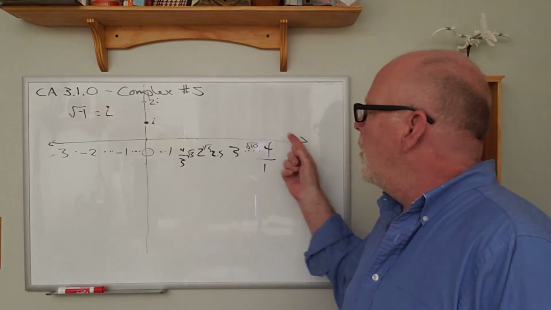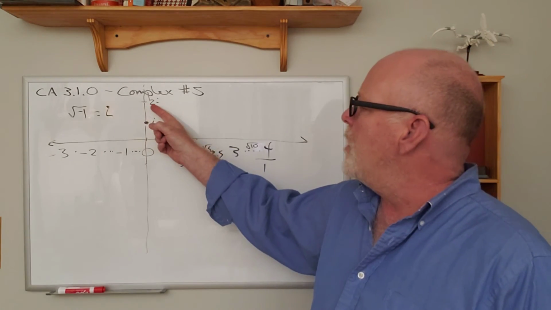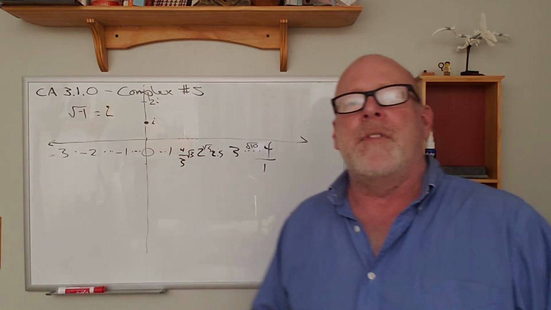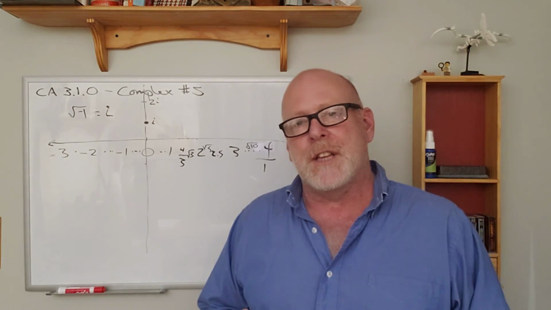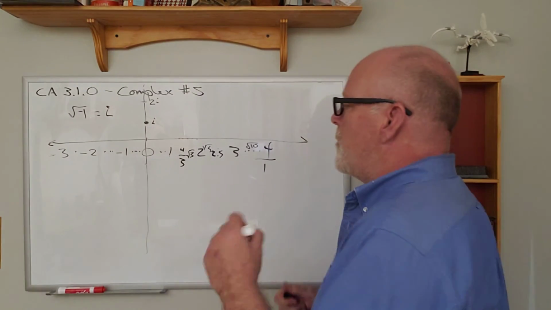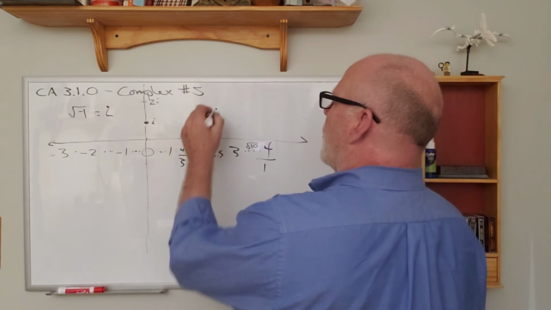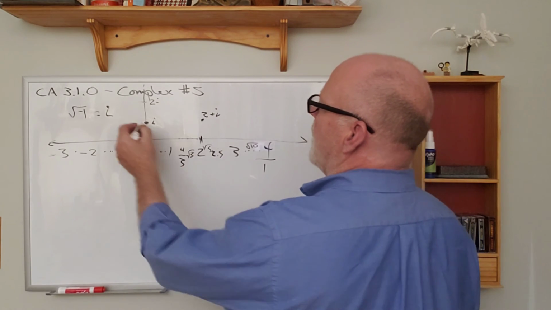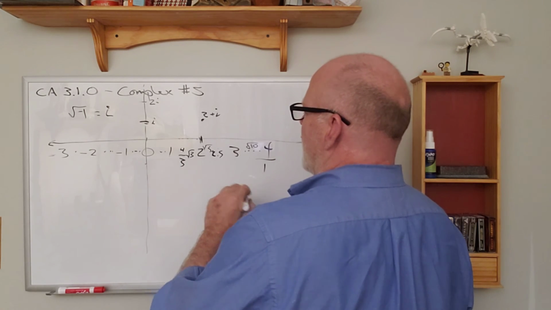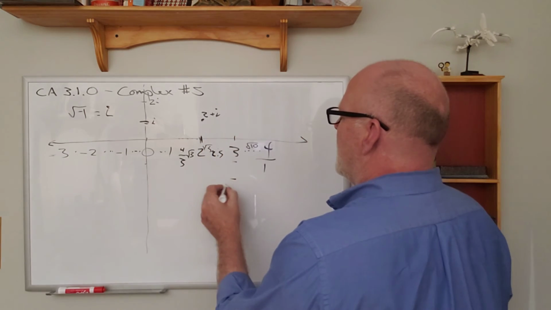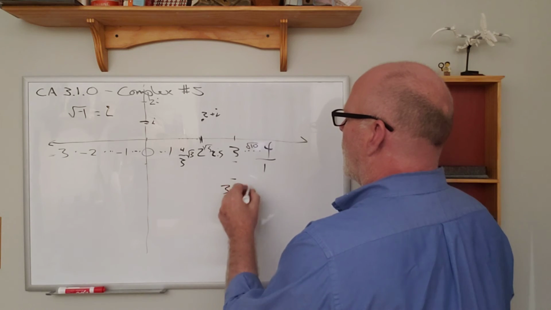Real numbers here, imaginary numbers here, which is any real number times i. And when you add or subtract these together, you get something like 2 plus i would live right there, over to 2 on the real number line, up to i on the imaginary number line. 3 minus 2i would be down here.